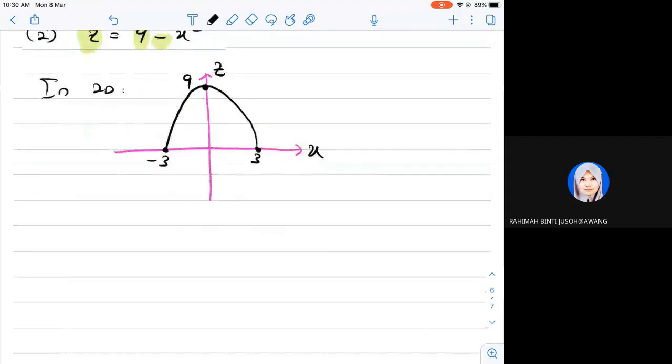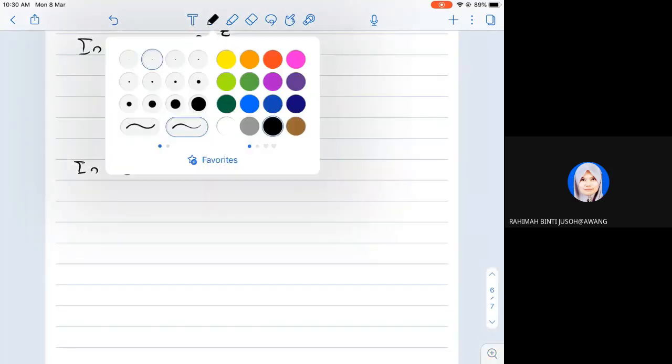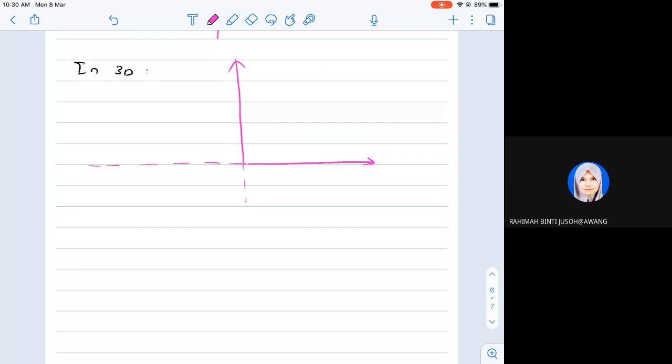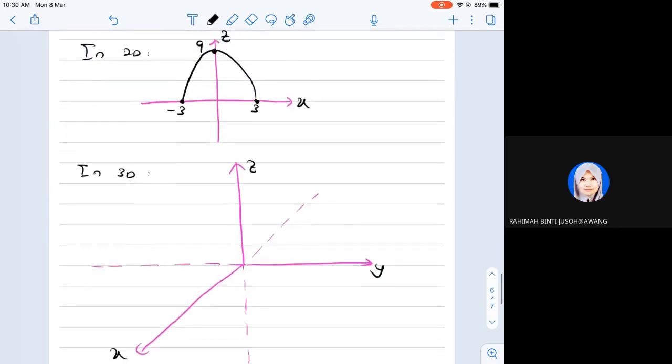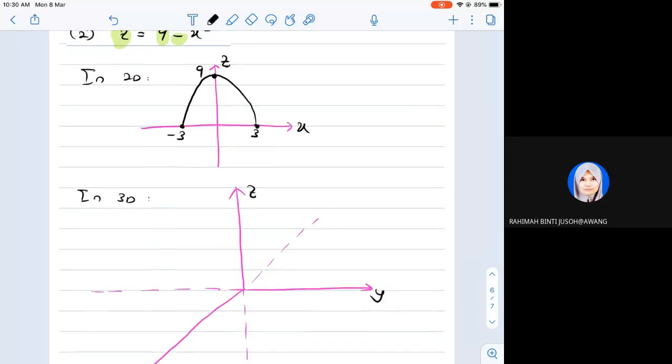Okay, good. Well done. So now kita nak plot graph ni dalam 3D. Okay, 3D. So buat 3 axis ni. We have X, Y and Z. Okay. So 9 minus X squared. Macam mana ni guys?